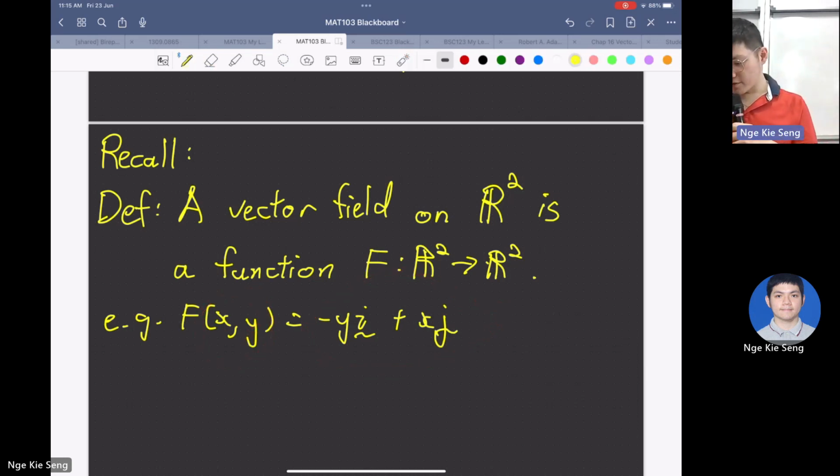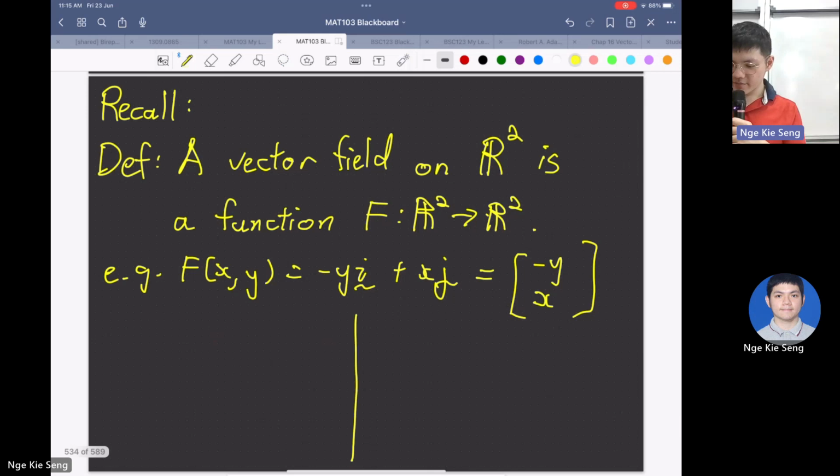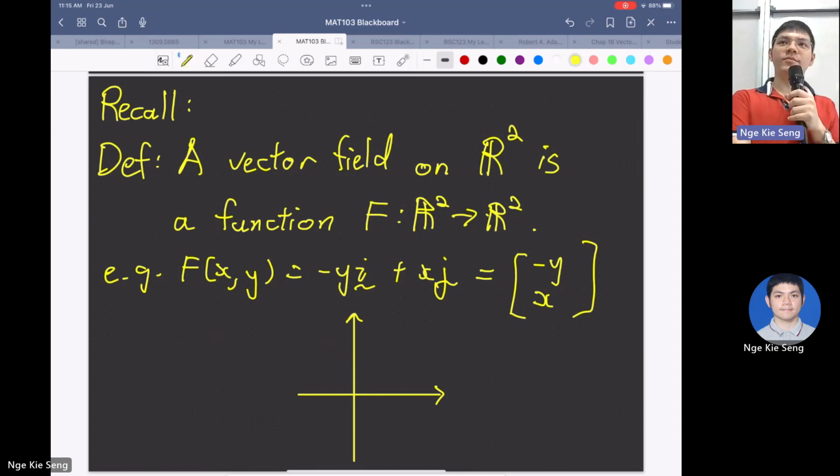In other words, I can write it in column form as (-y, x). So what does this vector consist of? Anyone remember what this diagram is? The example you guys worked out last time.